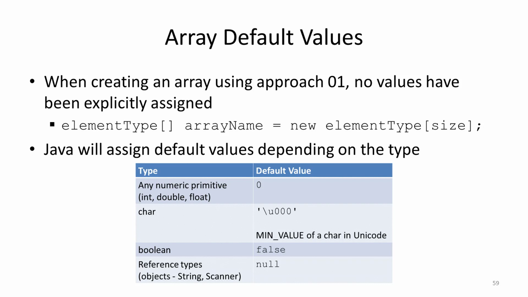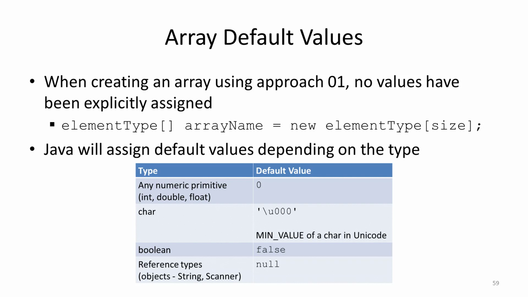If the type of the array is any numeric primitive, then the default value will be 0. If you make a char array, the default value is the minimum value of a char in Unicode. If you make an array of booleans, then the default value is false. And if you make an array using a reference type, meaning an object such as String, Scanner, or Random, the default value is this thing called null.